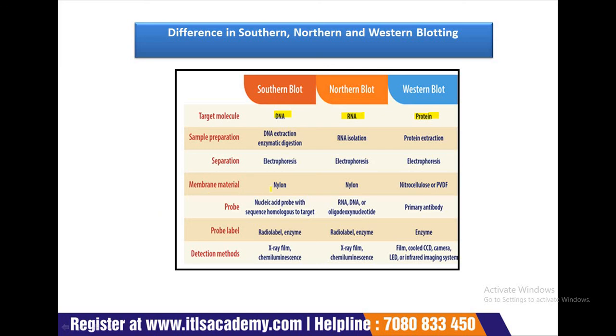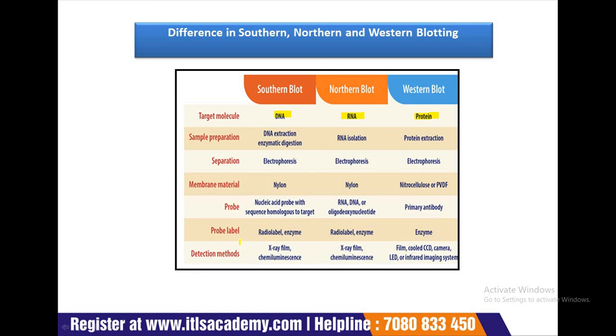The membrane material used in Southern blotting and Northern blotting is nylon, and in Western blotting we use nitrocellulose membrane or PVDF. The probe used in Southern blotting is a nucleic acid probe with sequence homologous to the target. In Northern blotting we use RNA, DNA or oligodeoxynucleotide probes, and in Western blot the probe is a primary antibody.